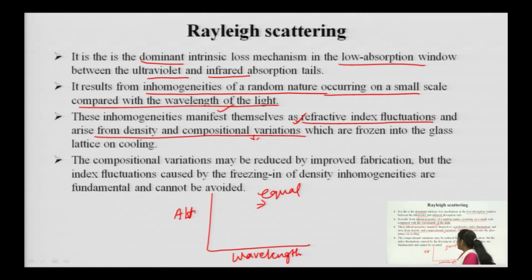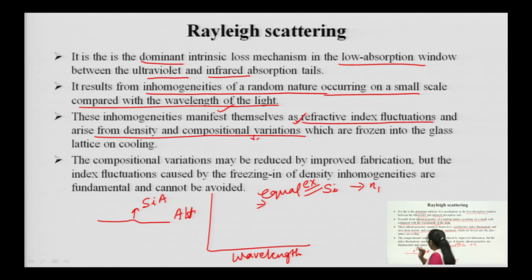This is not possible that if we have, for example, silicon with refractive index N1, and as it gets combined with any other element in a small quantity, its refractive index will remain N1.